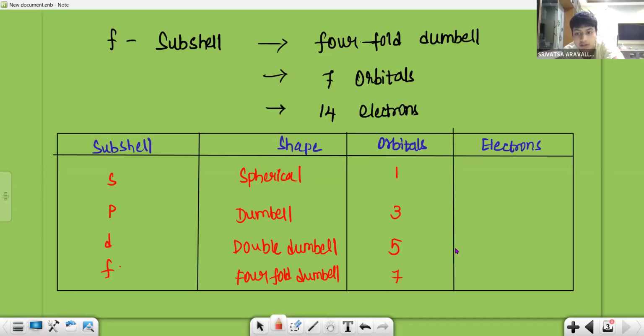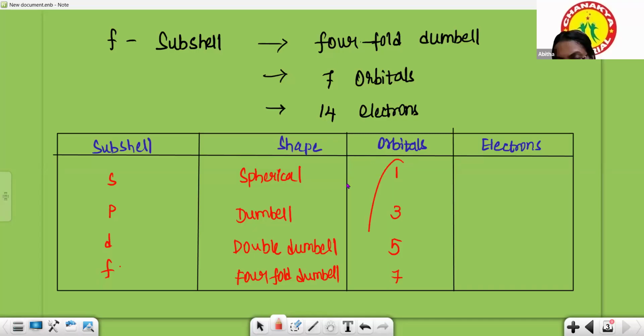That's the trick you can memorize. Odd number order: S has 1, P has 3, D has 5, F has 7.